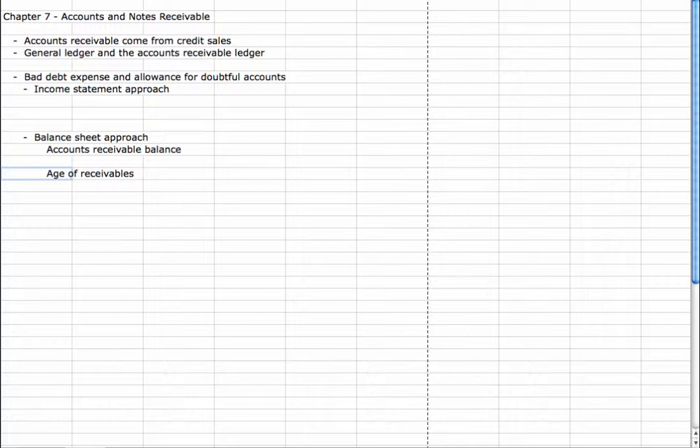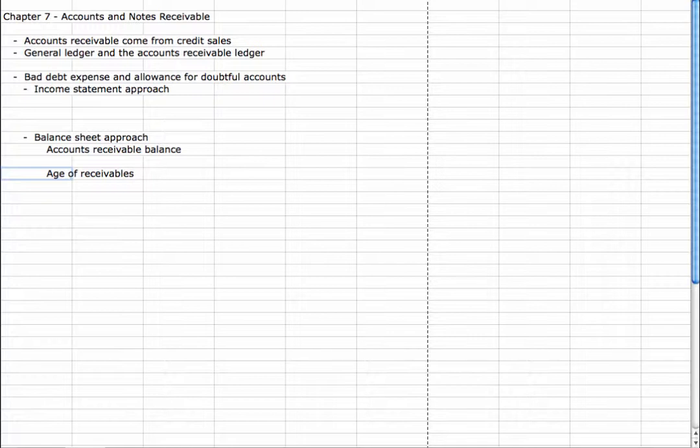Now, in the prior lectures on accounts receivable, we talked about that there are two approaches to the creation or the recognition of bad debt expense. One was called the direct write-off approach, and the other one was called the allowance approach. The direct write-off approach is not generally accepted accounting principles, and we cannot use it for financial statement purposes because the direct write-off method basically says we don't recognize bad debt expenses until the invoice is truly gone bad and we know we won't be able to collect on that accounts receivable.